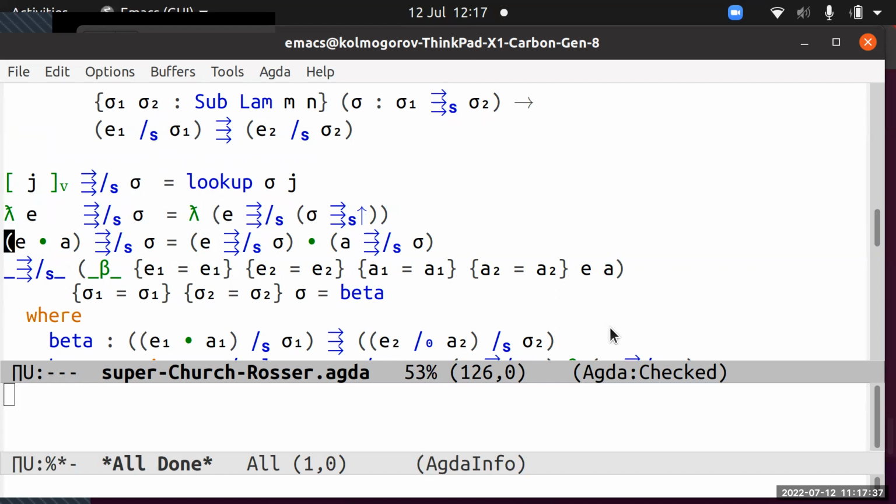But suggestively, the form of that function application is intended to mirror the form of that function application, which is intended to mirror the form of that function application. So lambda goes to lambda, and lambda applies to proofs. Similarly, for the congruence rule for application, we just apply in each half and we're done.